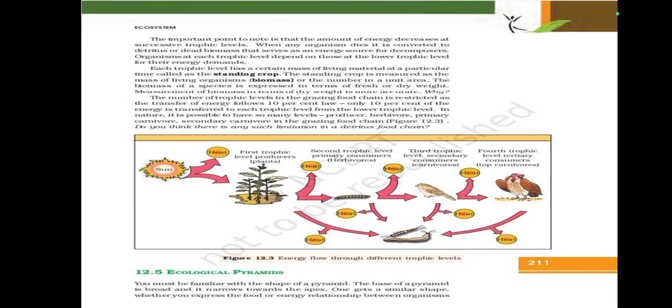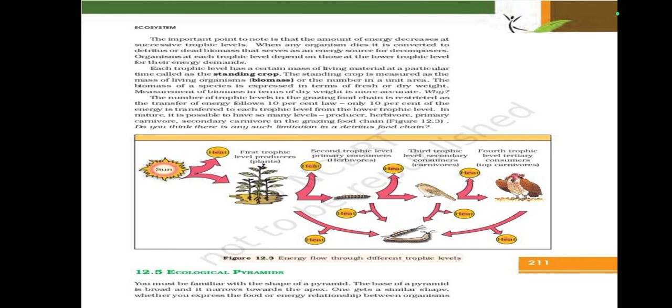Each trophic level has a certain mass of living material at a particular time, called the standing crop. The standing crop is measured as the mass of living organisms, biomass, or the number in a unit area. The biomass of a species is expressed in terms of fresh or dry weight. Measurement of biomass in terms of dry weight is more accurate.